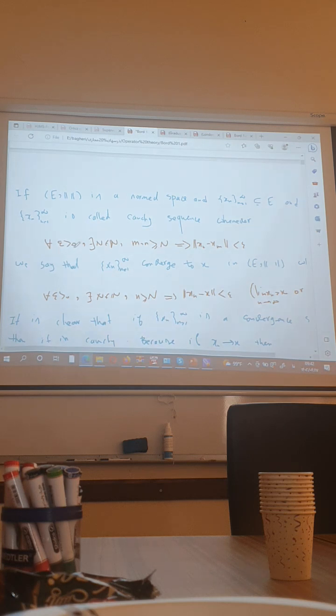This is not convergent. This is only a Cauchy sequence. For any epsilon, there exists N, N is a natural number, okay? Such that if m and n are greater or equal to N, this norm is less than epsilon. Please note that xn minus xm is an element of E, so that this norm is defined, okay? This must be less than epsilon.